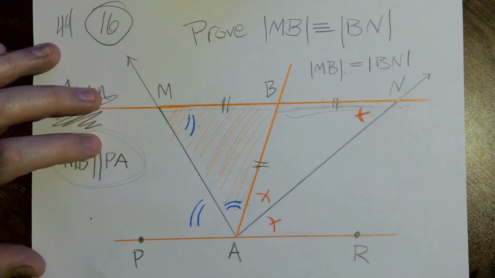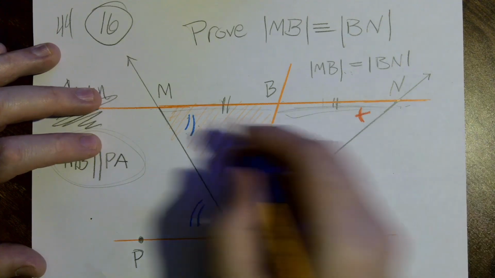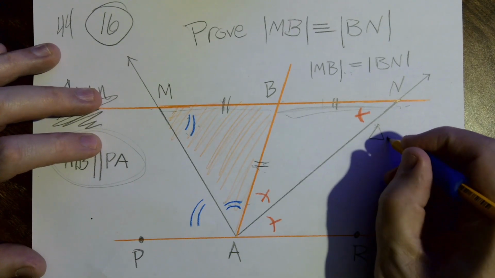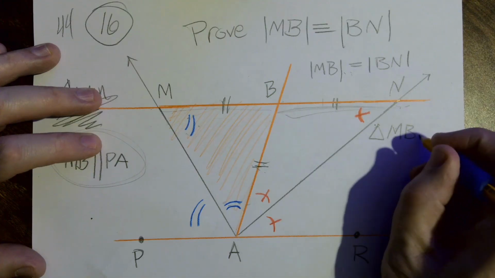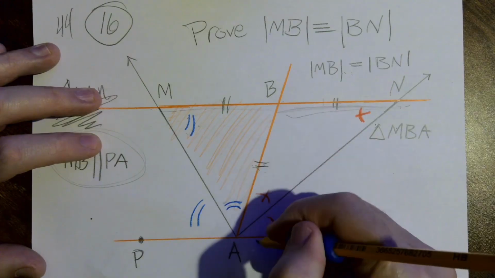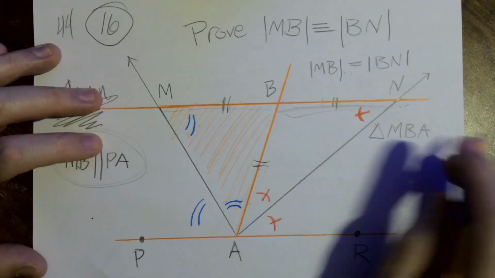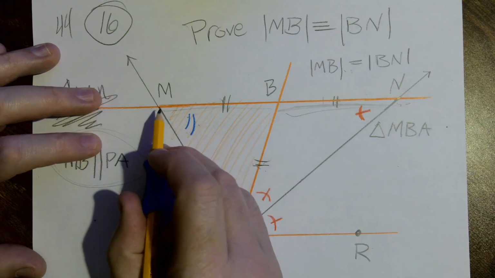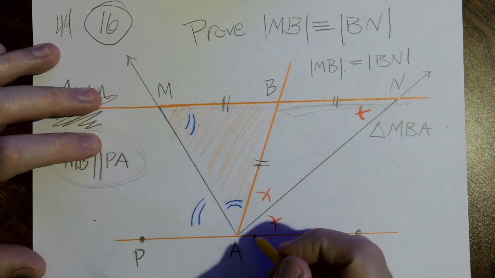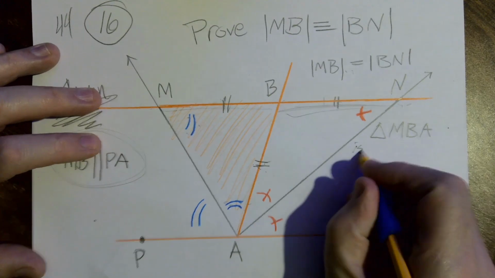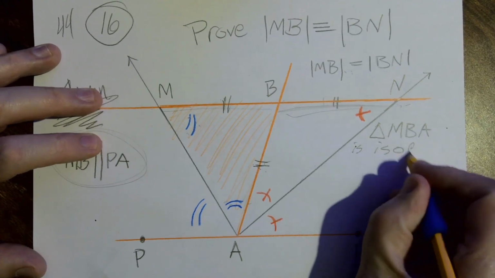And we'd say here that, well, we have this triangle MBA, and this shape here. Well, before we get to this trigon, we'll look at this trigon. Right, so trigon MBA is isosceles.